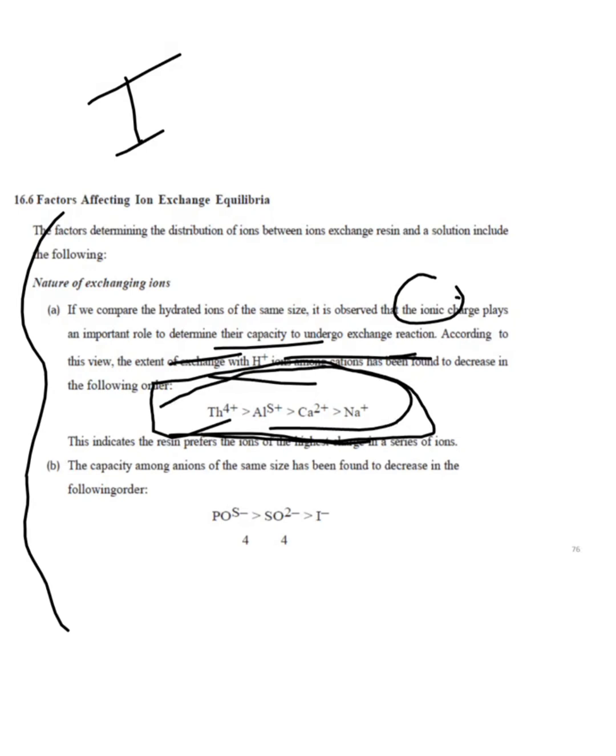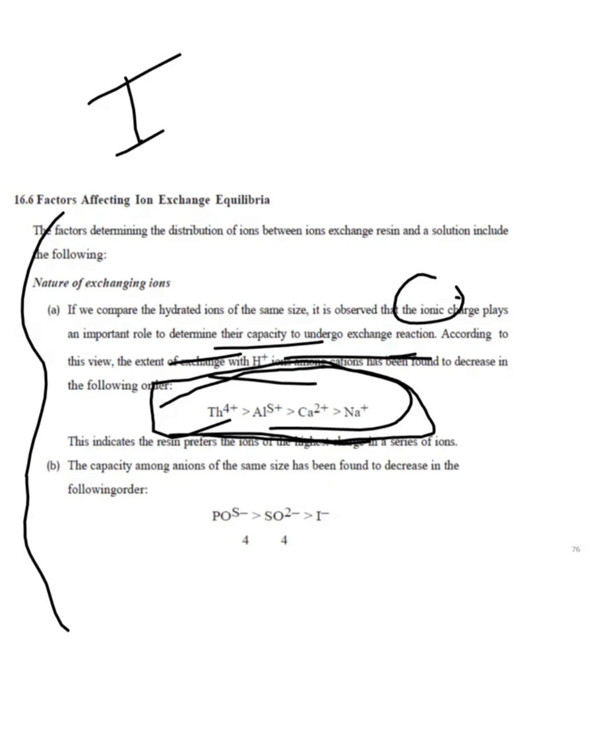So this is for the example here, the order decreases from Al3 plus to Ca2 plus and Na plus. This mainly depends on the H plus ions present in the given chemical sample.